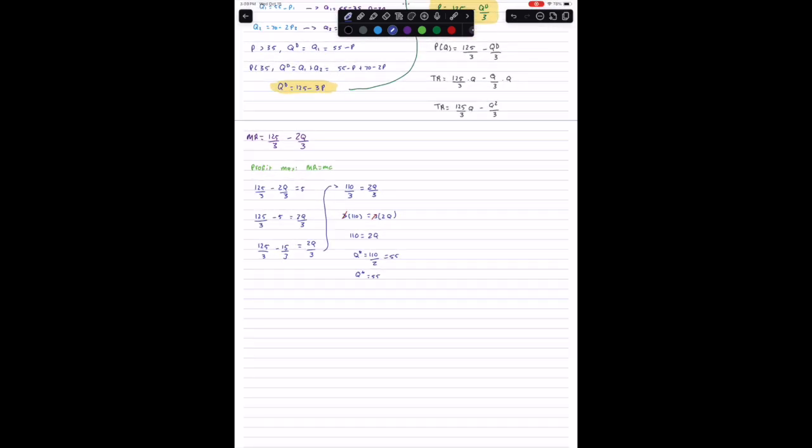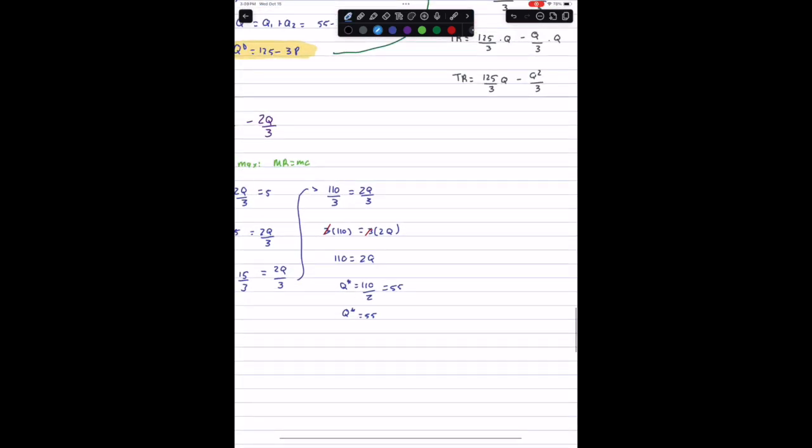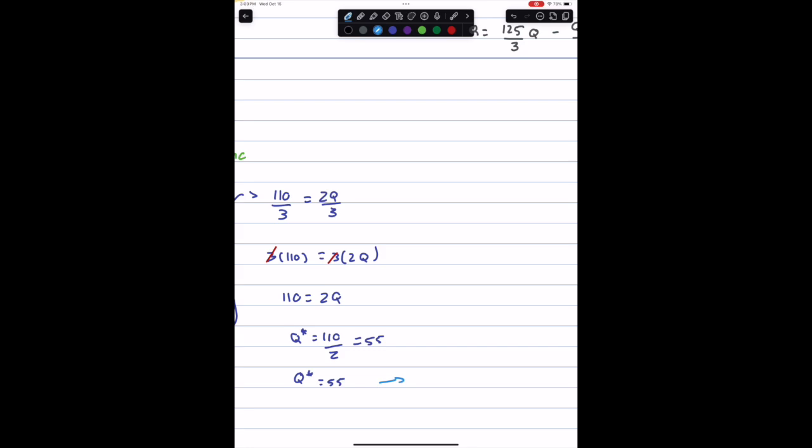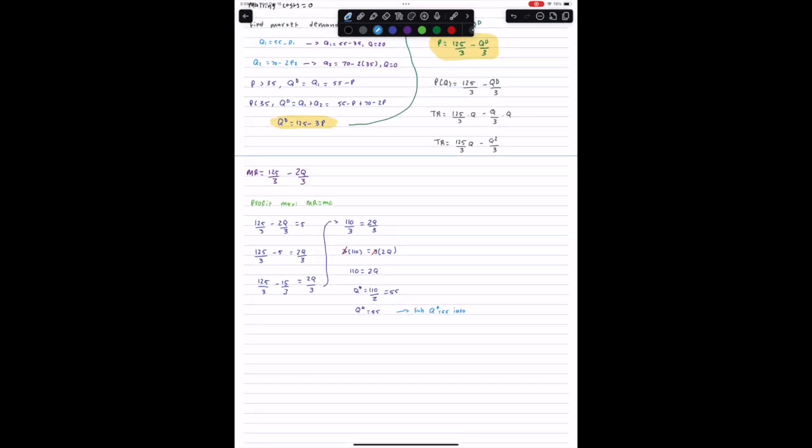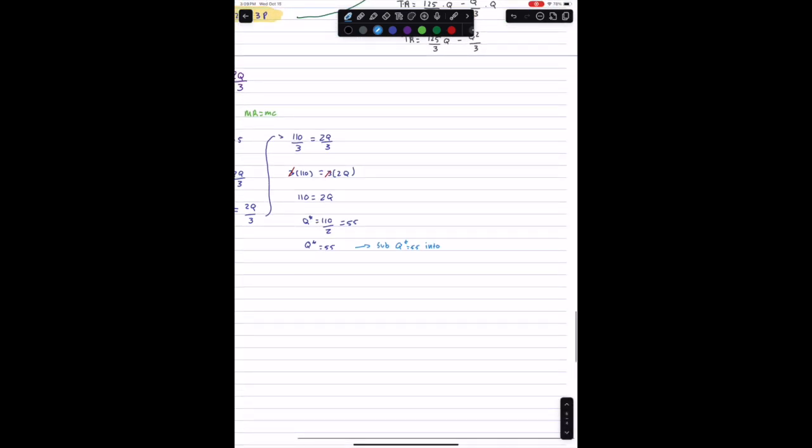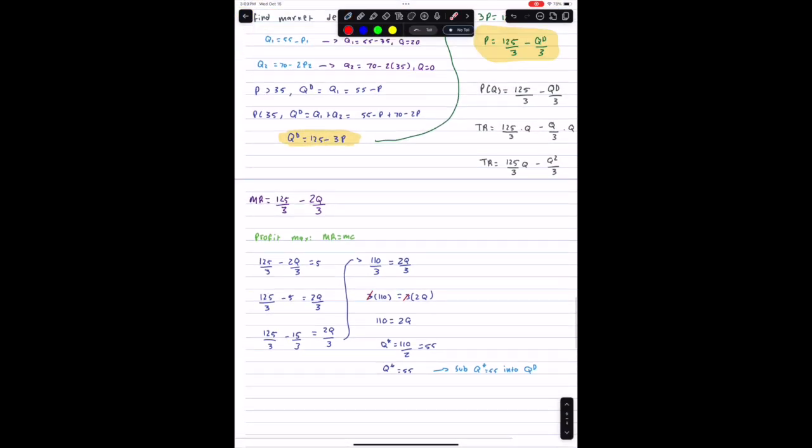Okay, now we're going to sub Q star is equal to 55 into our market demand, which is this function here, to find P star.